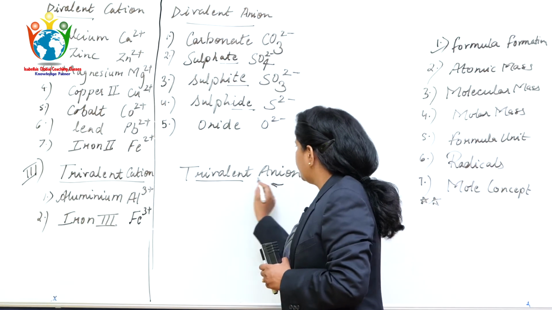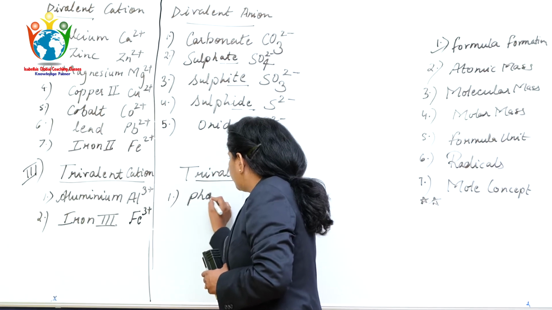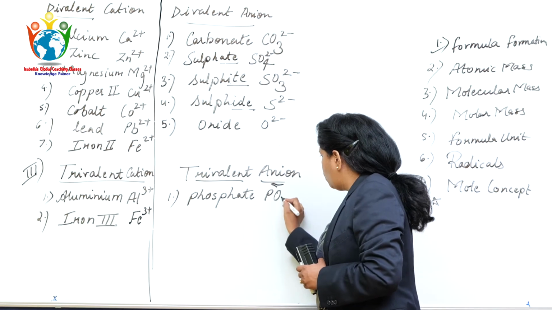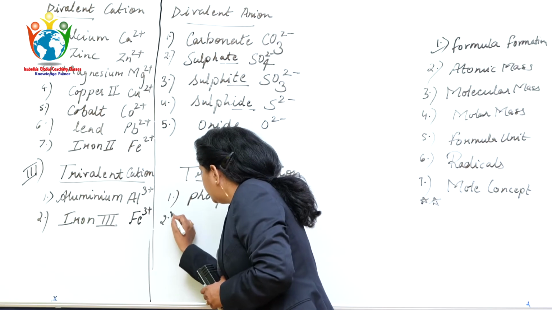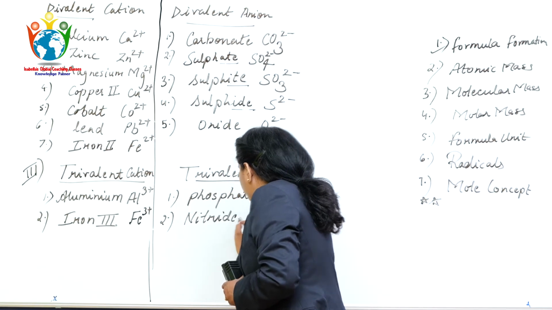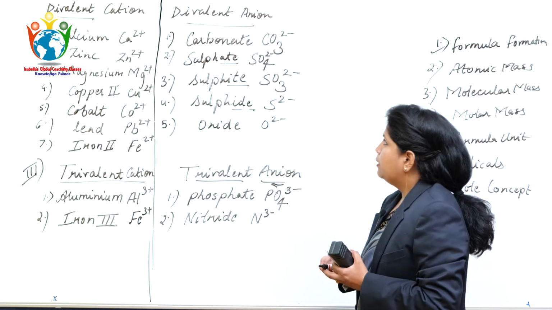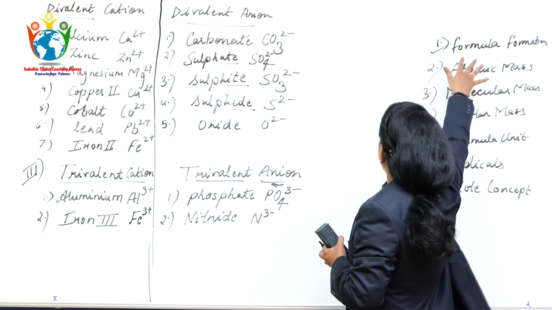Now we come to trivalent anions. First one is phosphate, PO4 3 minus. Second, nitride, N3 minus. There are a lot more, but for today's lecture it is sufficient to make you understand how to frame the formula.